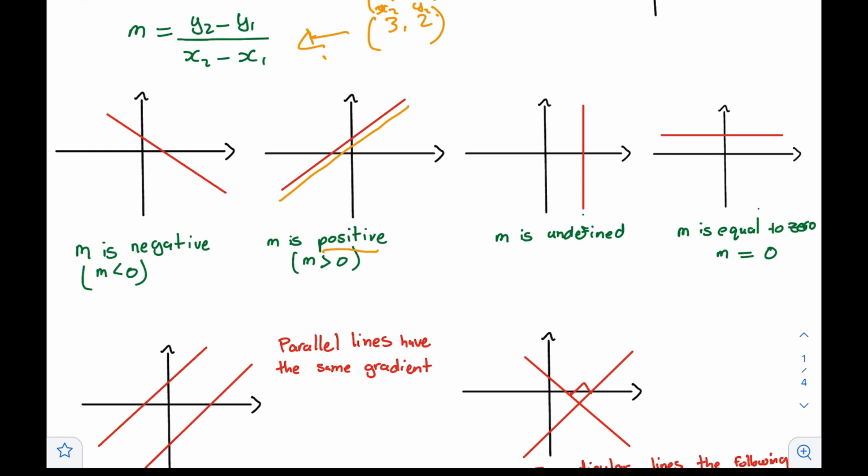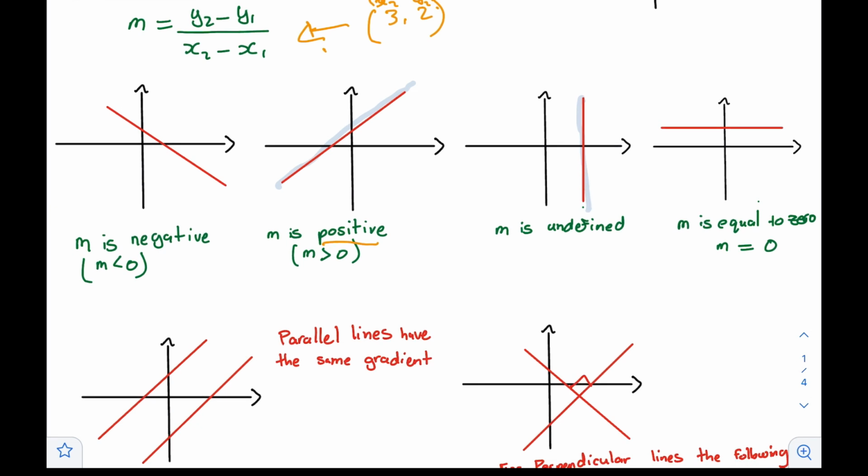So if it's going upwards from left to right, we're seeing that m is positive. Our gradient will be positive. If m is parallel to the y-axis, m is undefined. And if m is equal to 0, that will mean m is parallel to the x-axis.